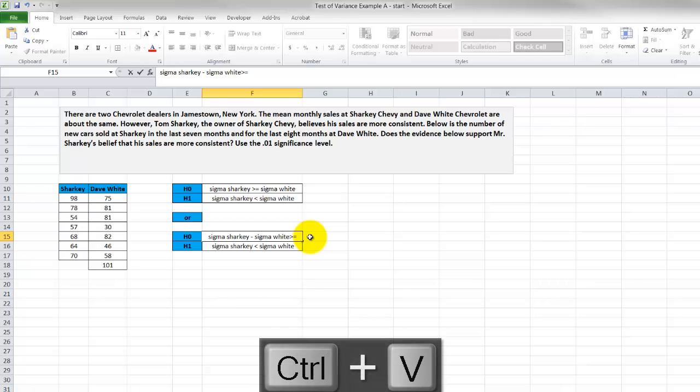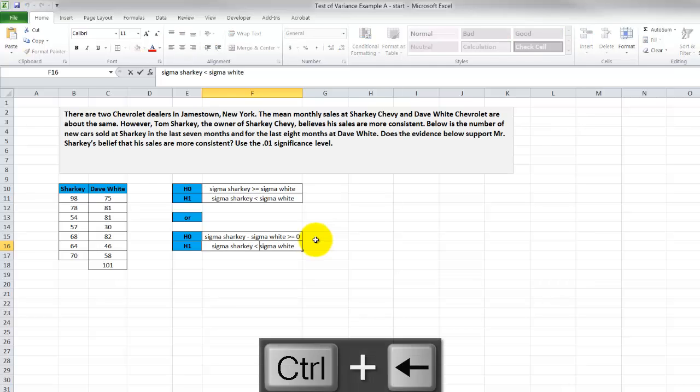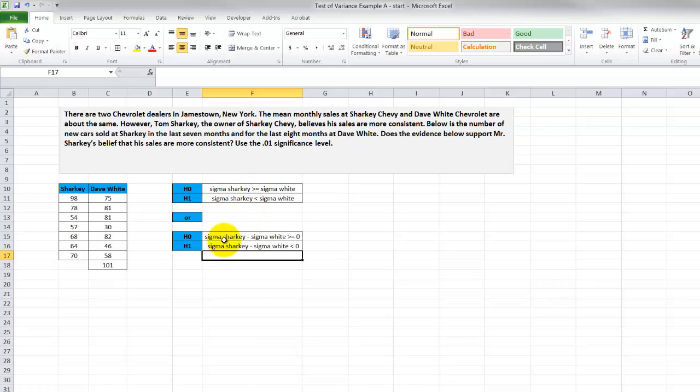So sigma Sharkey minus sigma White is greater than or equal to 0. And then down here, sigma Sharkey minus sigma White is less than 0. Okay, so very similar to what we've done before. We can identify alpha in the problem. That's going to be 0.01.